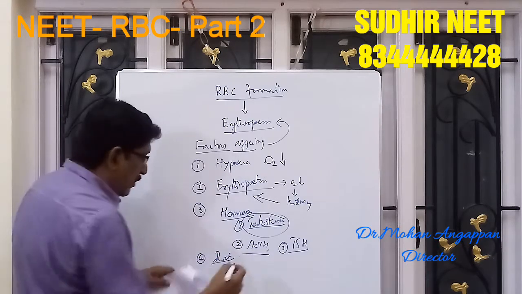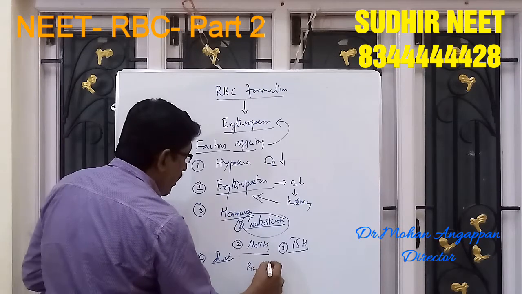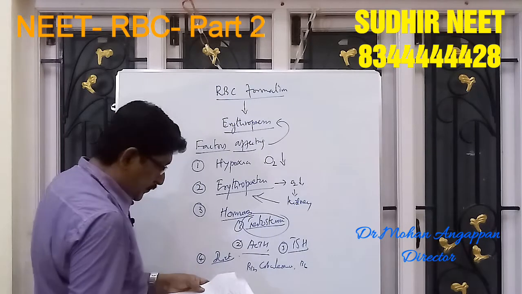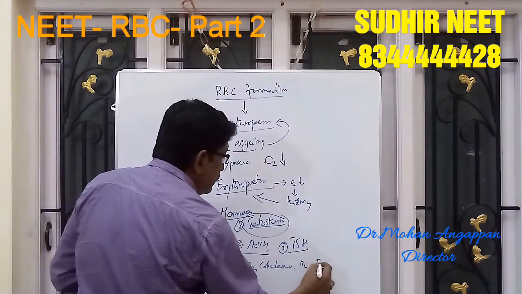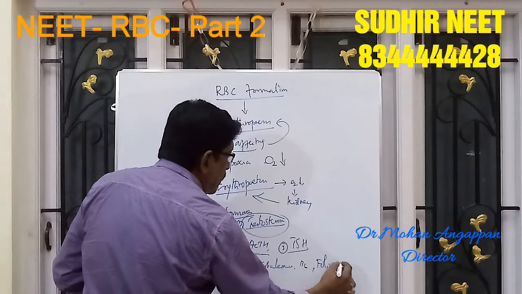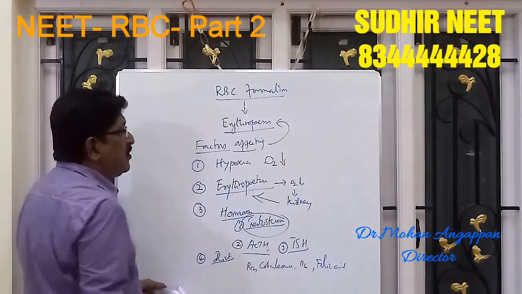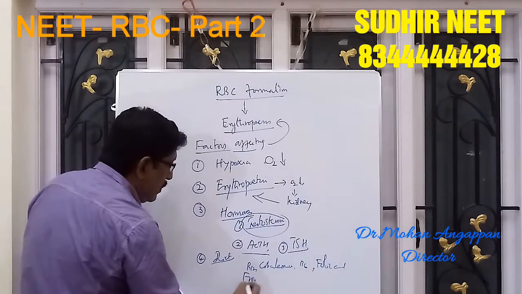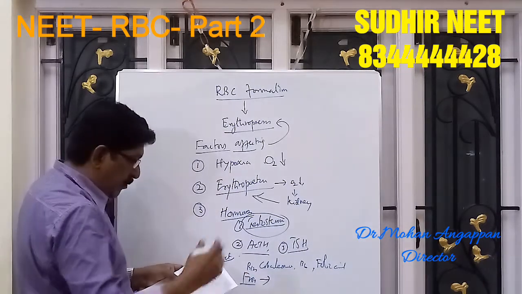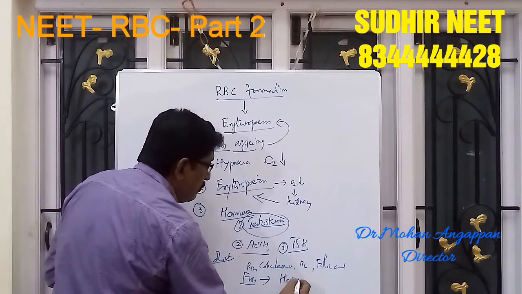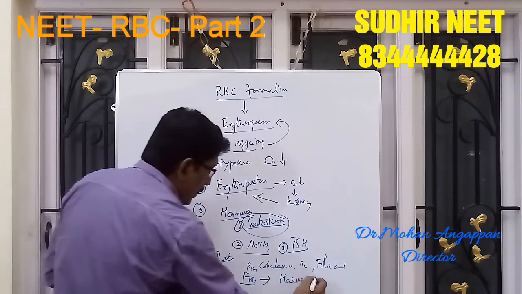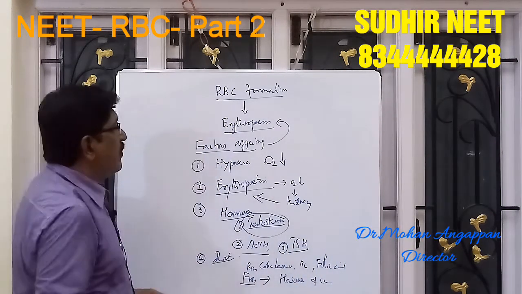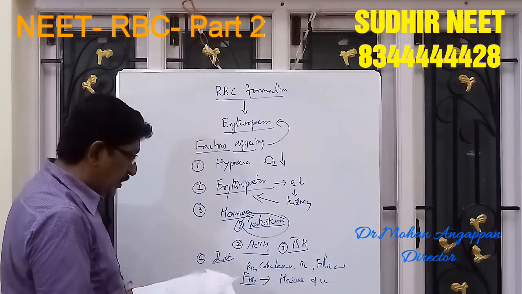In the diet, B12 cobalamin, B6, folic acid, these are all the factors increasing the process of erythropoiesis. And also iron, which helps in the formation of heme, and copper. So these are the 4 factors increasing the process of erythropoiesis.